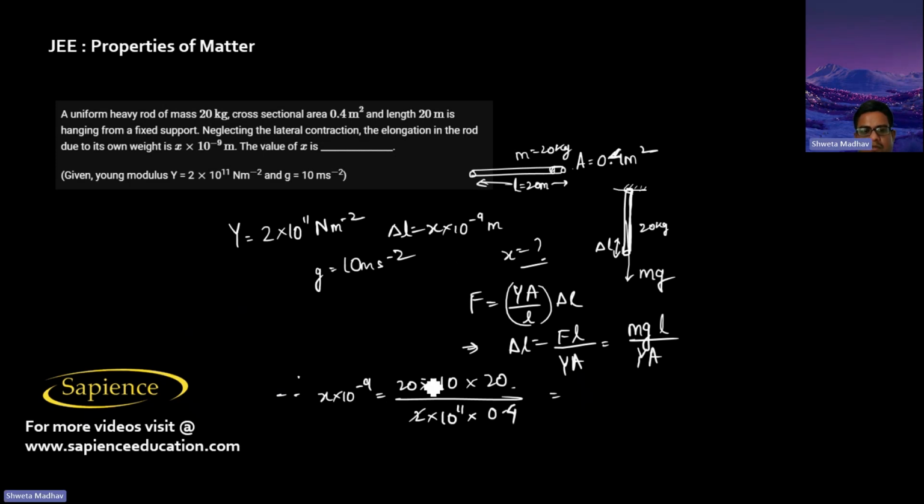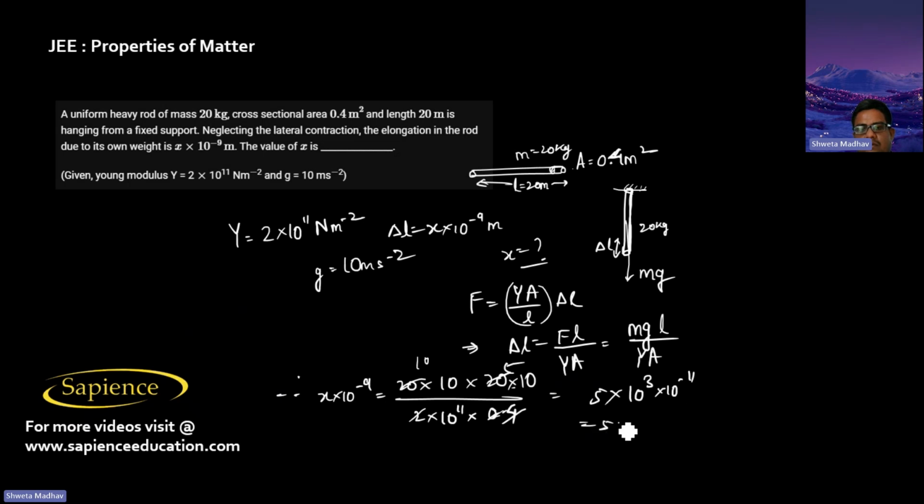This will be 2 times 20, 4, 5, 20. So this is 5 into 10 into 10 into 10, thousand. 5 into 10 power 3 into 10 power minus 11.